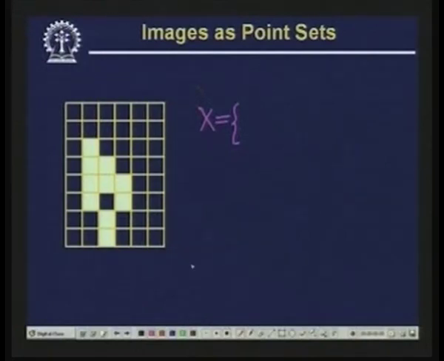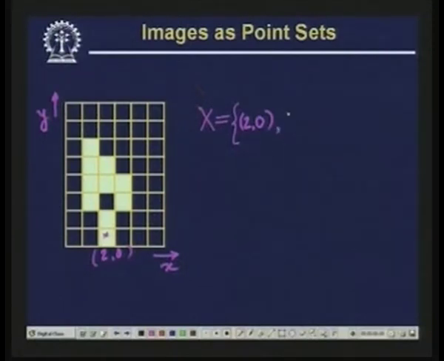If this is my x direction and this is my y direction, the coordinate of this point is 2, 0. So, this point 2, 0 is a member of this set X.